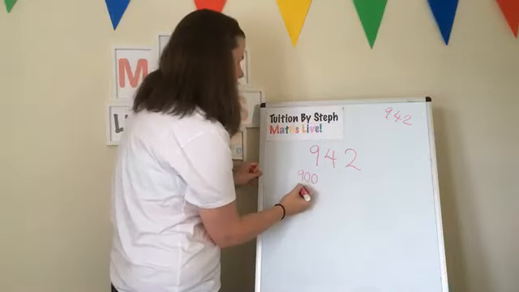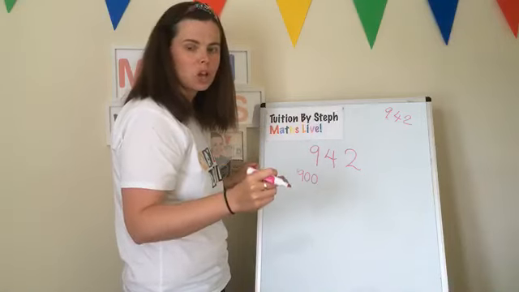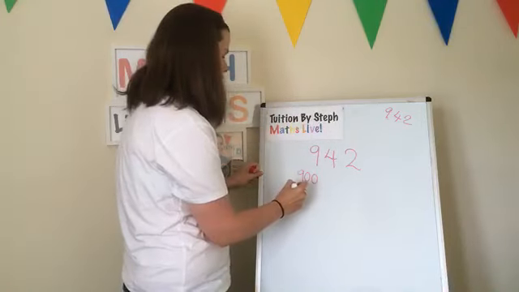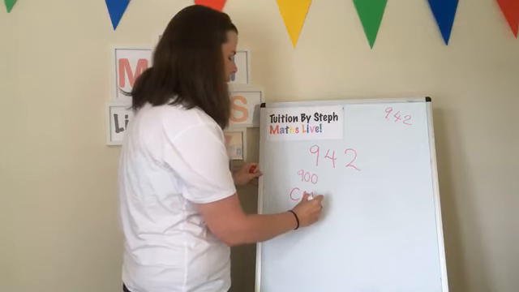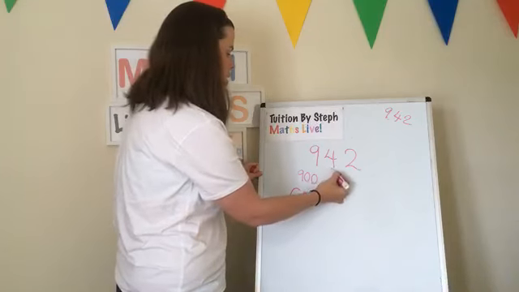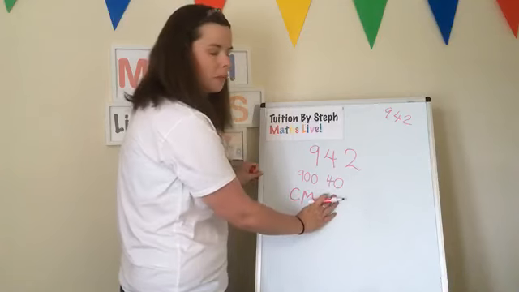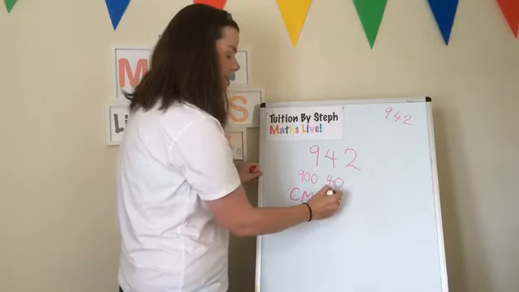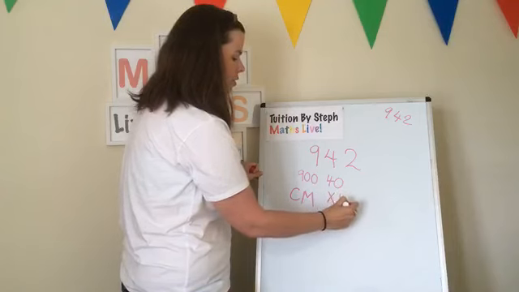So 900 is 100 less than 1,000. So 900 is C M. 40, okay, it's another funny one, is 10 less than 50.